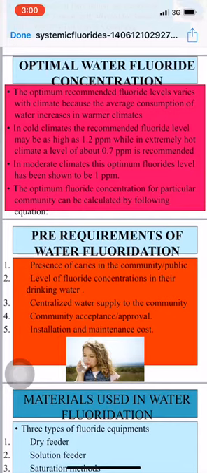In the cold climates, the recommended fluoride level may be as high as 1.2 parts per million, while in extremely hot climates, a level of about 0.7 parts per million is recommended. In moderate climates, this optimum fluoride level has been shown to be 1 part per million. The optimum fluoride concentration for a particular community can be calculated by the following equation.